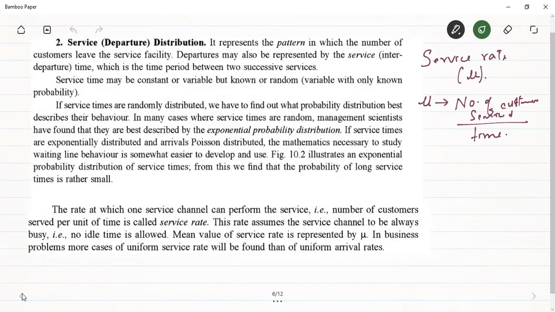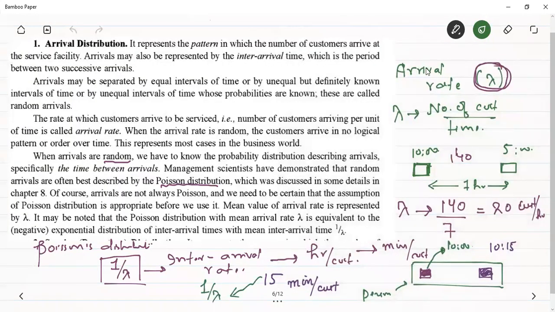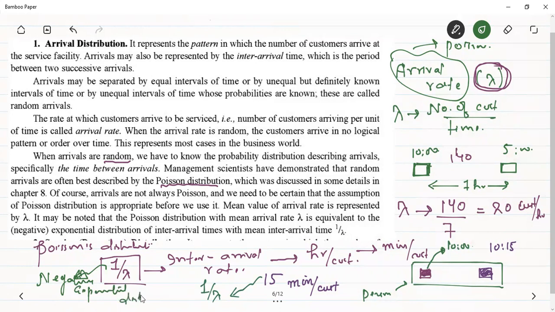One thing I forgot here is the arrival pattern: arrival follows the Poisson distribution, whereas the inter-arrival follows the negative exponential distribution. It is written here as well. You can see the mean arrival rate, and the inter-arrival follows negative exponential. Arrival follows the Poisson distribution, whereas the inter-arrival pattern follows the exponential distribution, and more particularly the negative exponential distribution.